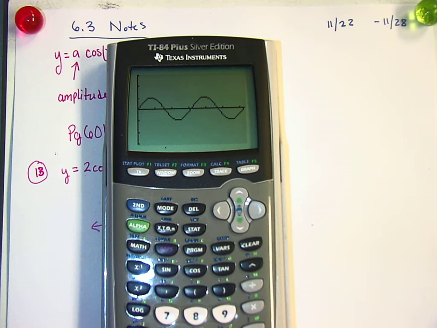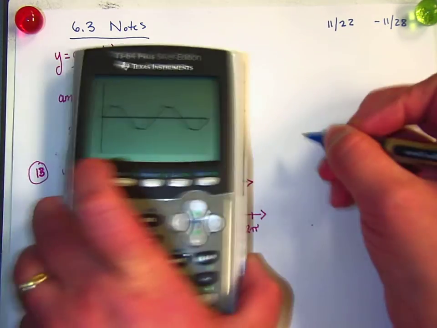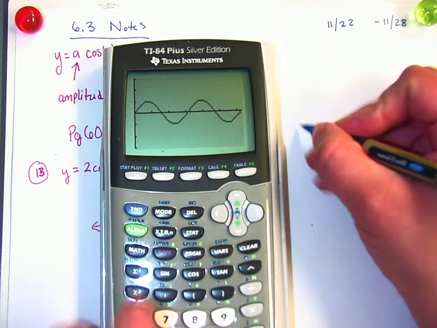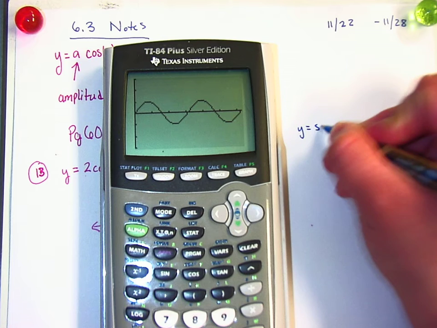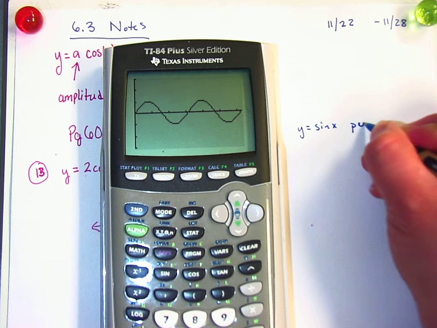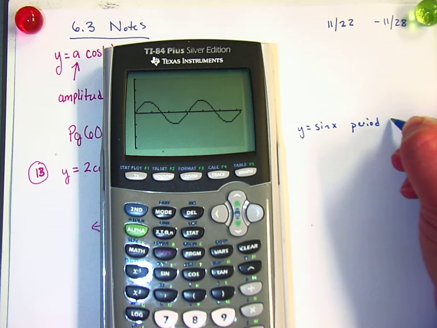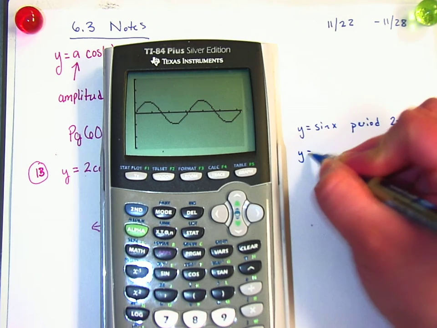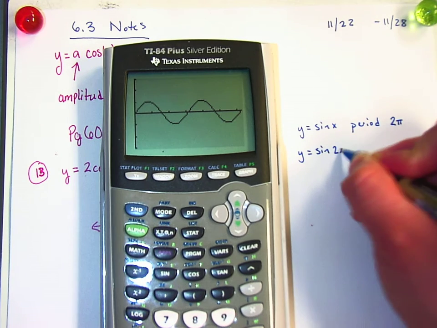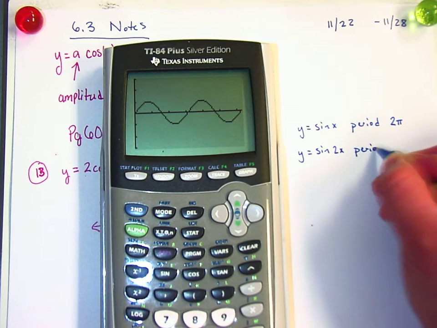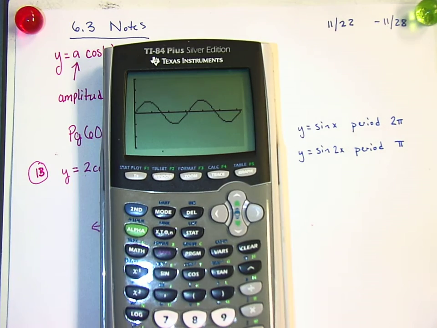Okay, so the original one, I'm going to write this down over here, y equals sine of x, had a period of 2 pi. And then if I put in sine of 2x, the period becomes just pi.